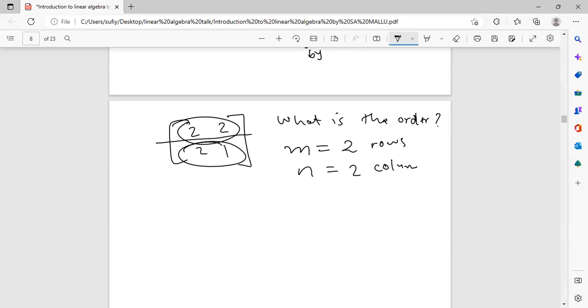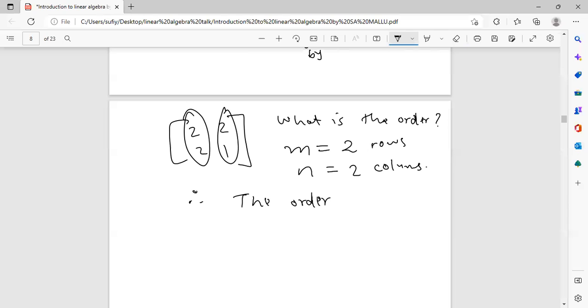Column number 1, column number 2. So the order, or the dimension, of this matrix is 2 by 2.